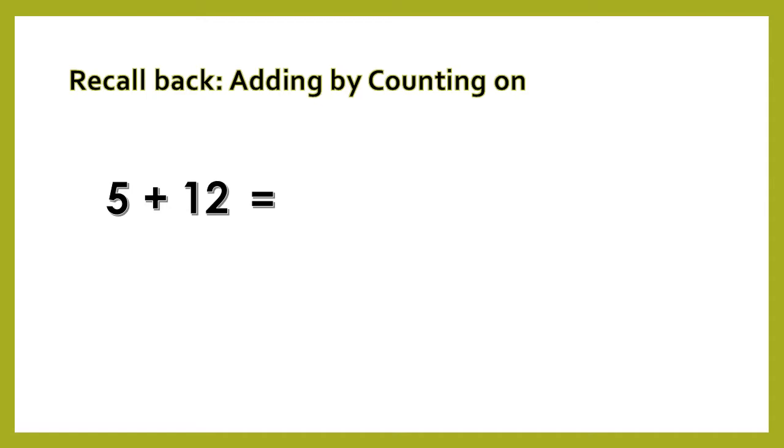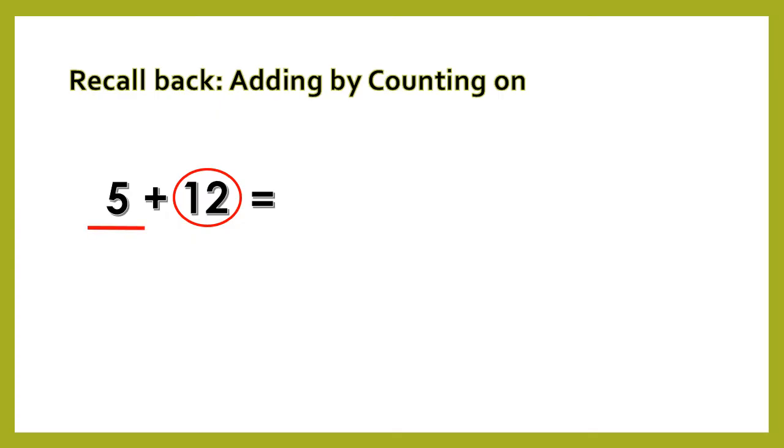Now let's recall how to add numbers by using a very easy method called counting on. Here we have 5 plus 12. Which number is bigger here? 12. So, we're going to start counting from 12. Now, which number is smaller here? 5.